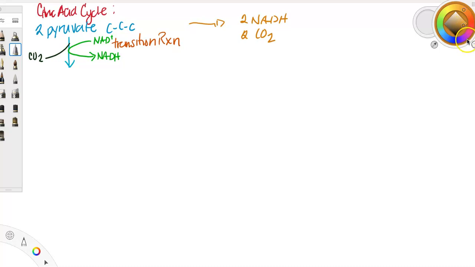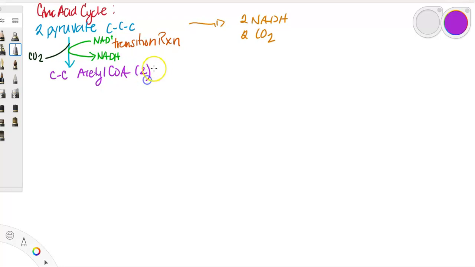And then ultimately, from removing that carbon, we end up with a 2-carbon molecule called acetyl-CoA. And of course, we have 2 of them. Okay, so it's acetyl-CoA that can go into the citric acid cycle.